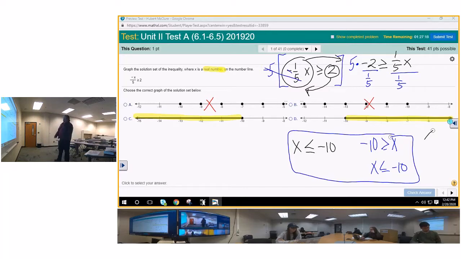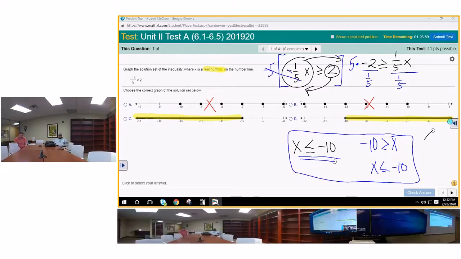So, what numbers are less than negative 10? Now remember, what's better to have in the bank? Negative $15 or negative $5? Negative 5. Okay, that's better to have in the bank.